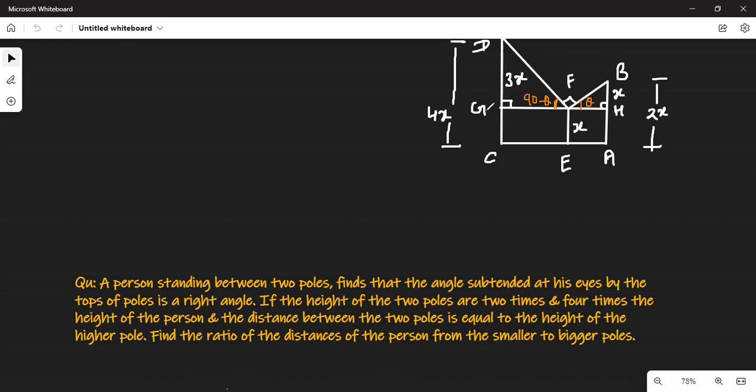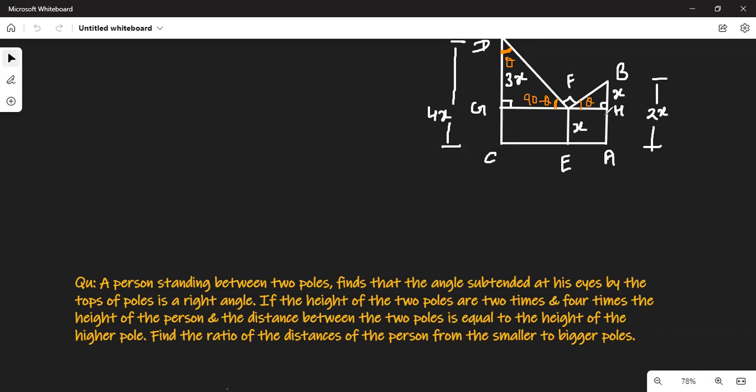That means in triangle DGF, this angle should be equal to theta. Did you understand why this is theta? By the angle sum property of the triangle, this angle is 90, this is 90 minus theta, so obviously this would be theta. Once we have labeled this, we are ready to go.